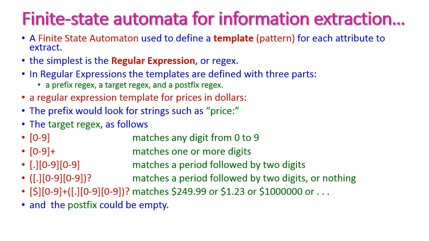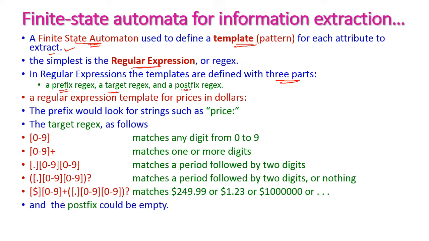The finite state automata is used to define the template for each attribute to be extracted. From this finite state automata, the regular expression is the simplest one, and it has 3 parts for defining the attribute. First one is prefix, target, and postfix.